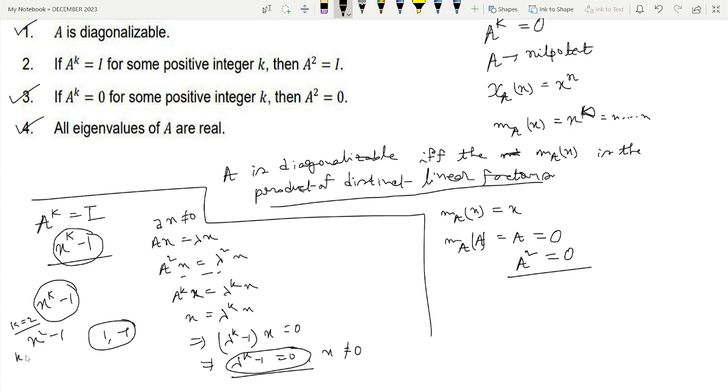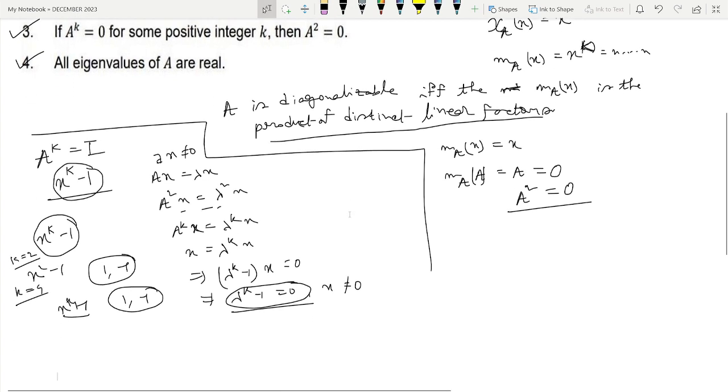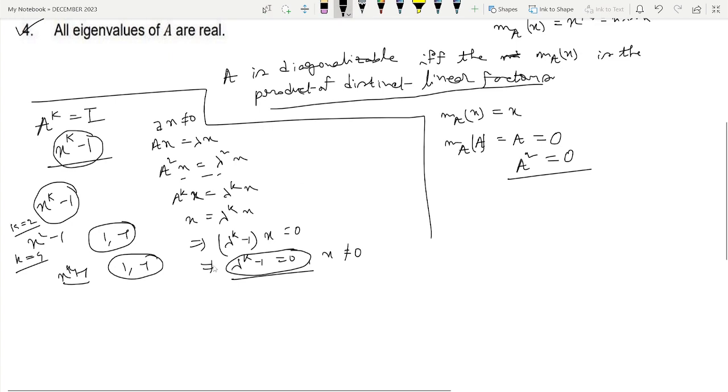Suppose k equal to 4, that is x to the power 4 minus 1, so in this case also 1 and minus 1 will be the two real roots, and the other two roots will be complex. And if k is an odd number, say k equal to 3, then this polynomial looks like x cube minus 1. So only 1 is the real root of this polynomial, other roots are complex.